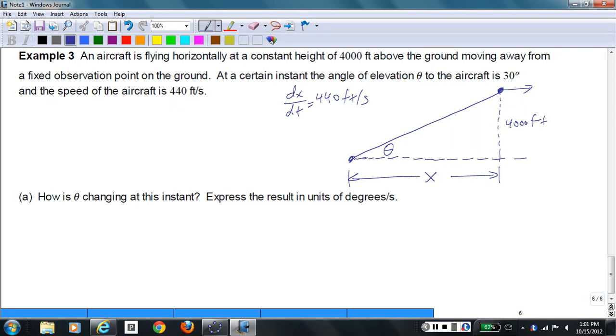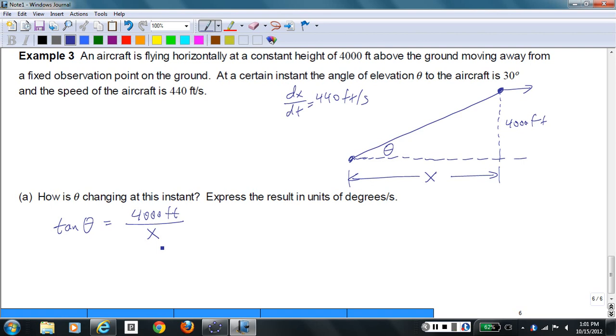Tangent. So the tangent of theta equals 4,000 feet divided by x. Side opposite divided by side adjacent.